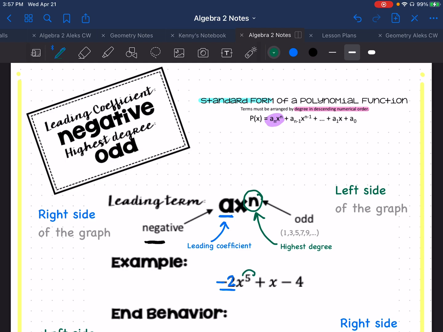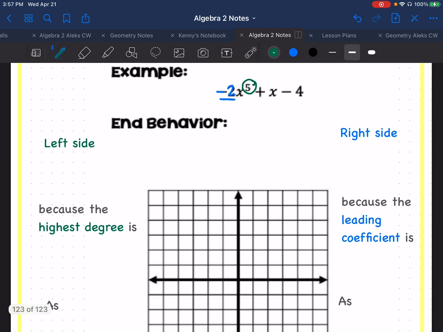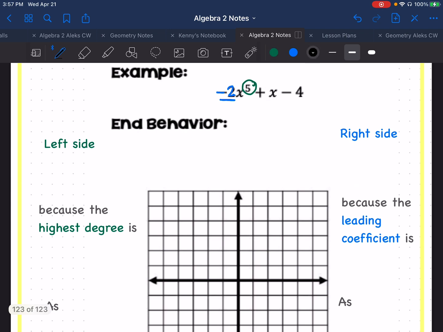My highest degree is going to be my odd 5. The right side is going to fall, which means it's going to go down. It's going to look something like this. And this is because my leading coefficient is negative.